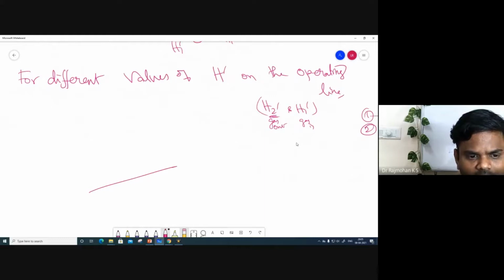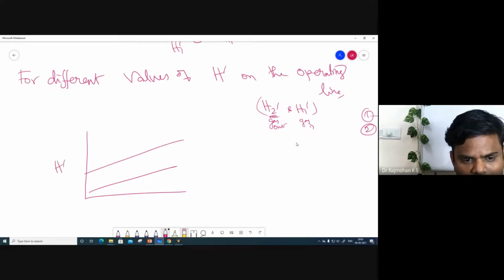We have an operating line and we have an equilibrium line. This is your H dash and this is your temperature of the liquid. We have already marked a line C, and for any point C we get the corresponding TI value and HI dash value.